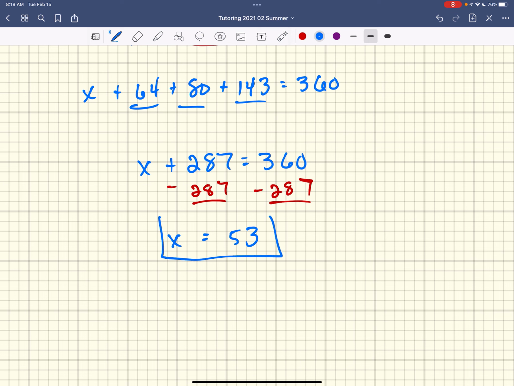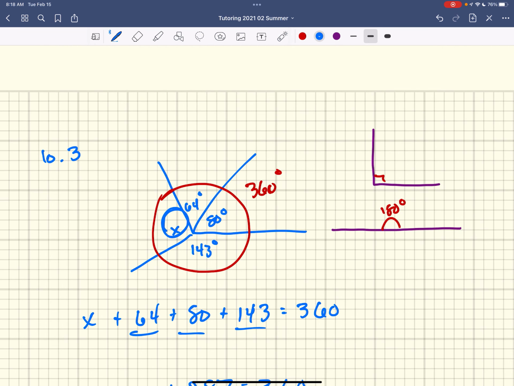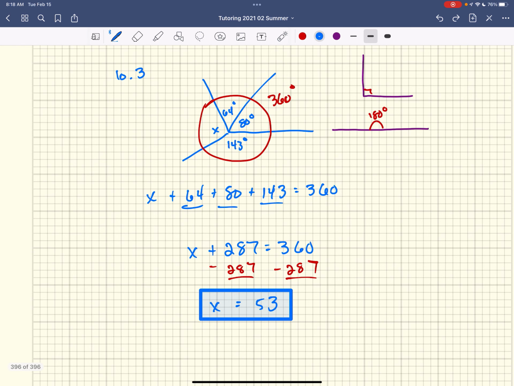And so we could say that the angle measure for this unknown angle x is 53 degrees, based on the fact that we know the total has to be 360 degrees. So there you have it. That's how I would do 10.3.